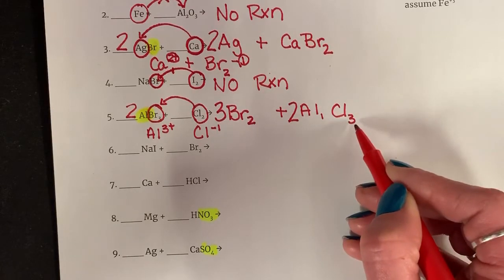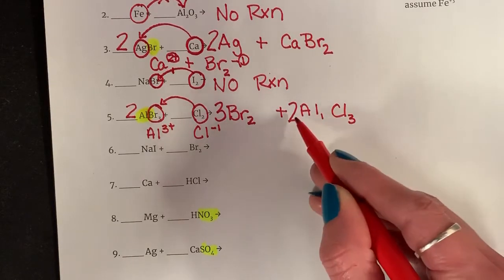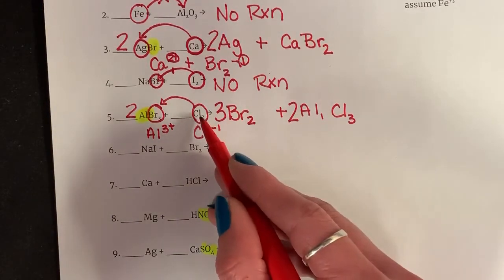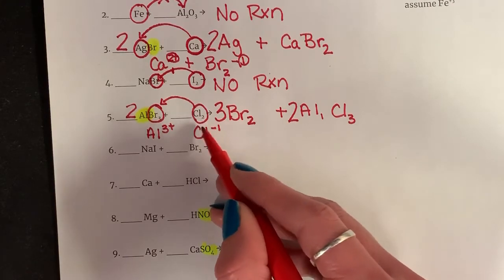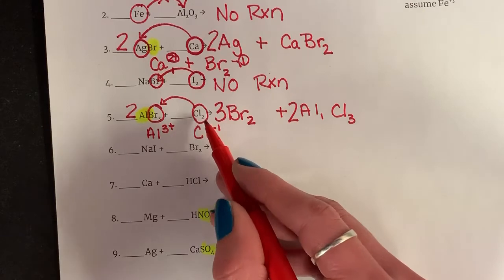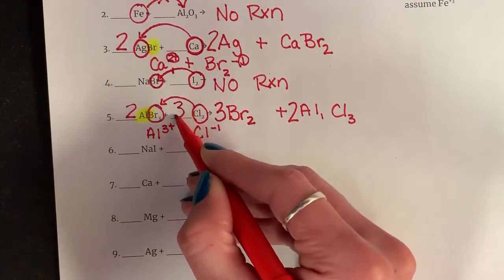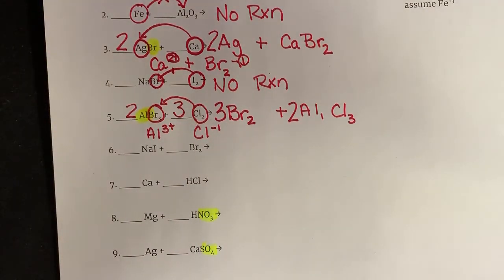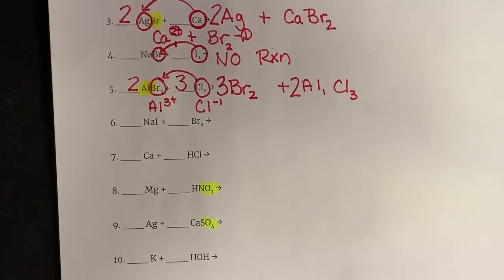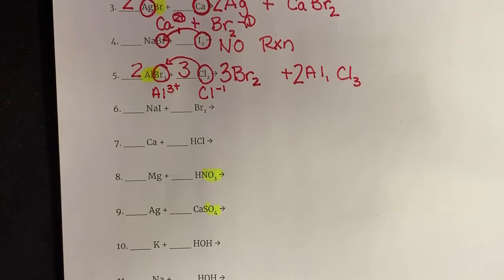I had 3 Cls. I'm multiplying that by 2, so now I have 6. Over here, I had 2 Cls. I want 6, so I need to multiply it by 3. Okay? Pause this video for a second. Try number 6 on your own.